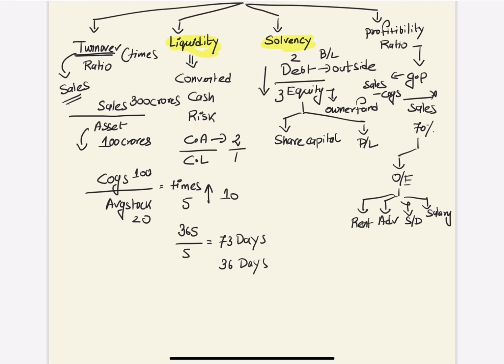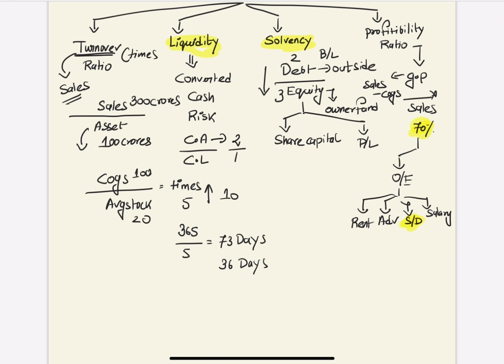The lower your cost of manufacturing, the more your gross profit will be. So for a startup company, what is important? Gross profit. If there is more gross profit, then only can they do the sales and distribution or the promotion part, because as we know, in today's days you have to do more promotion, you have to keep more money, and that is possible when your gross profit is more.